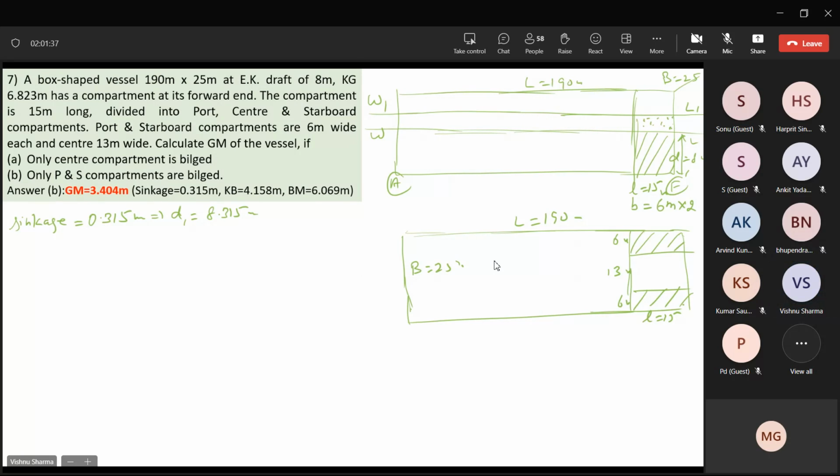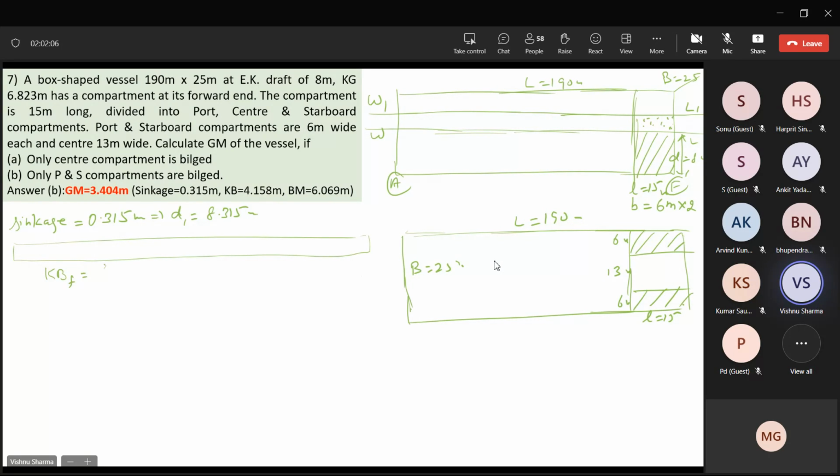Okay, guys. Again, the question, how much will be the KB? Is it D1 by 2? Yes or no? Is KB D1 by 2? Yes, sir. D1 by 2. It is still identical from keel. Okay, very good. So you'll write the same phrase here as the water plane is identical from keel to W1, L1 in the bilge condition.